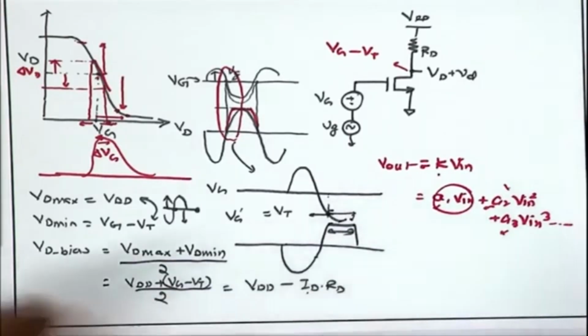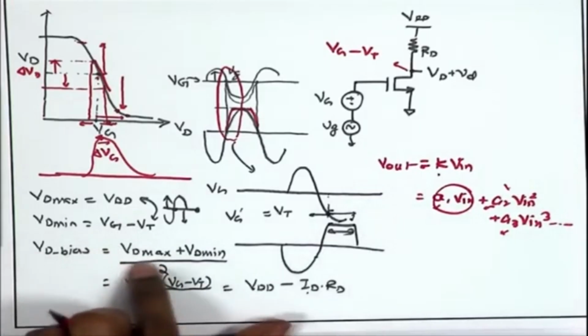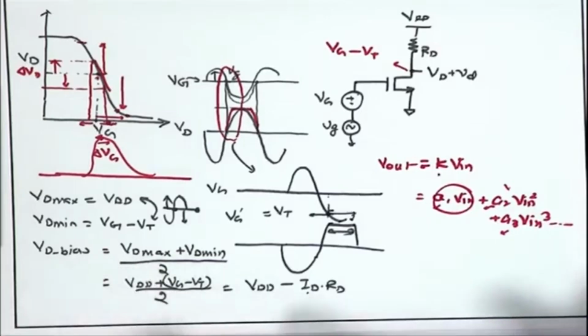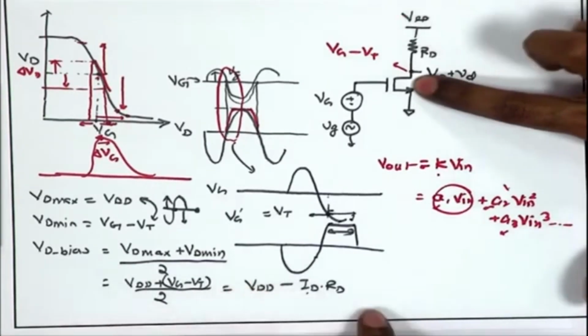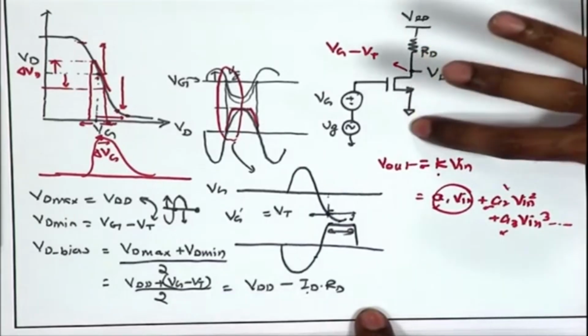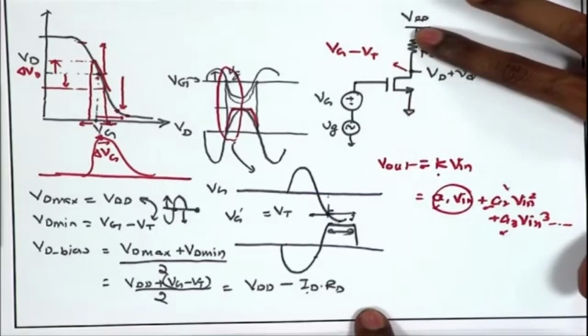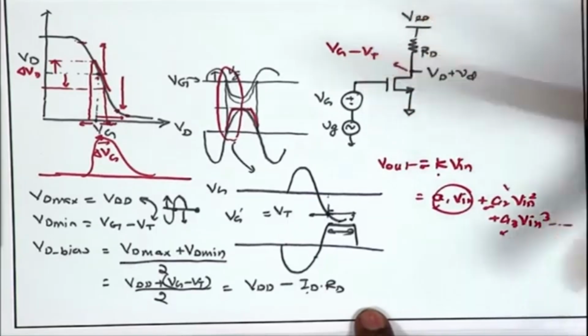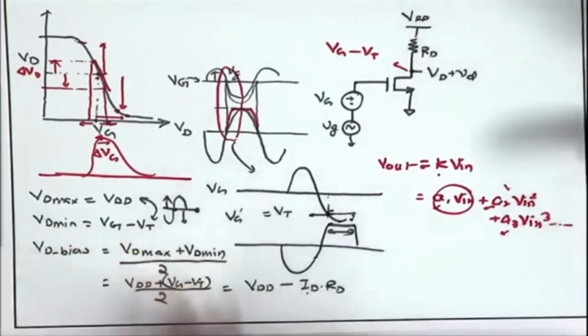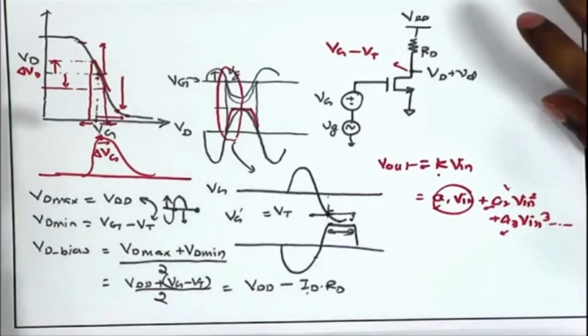For the time being, whatever analysis we do will be based on this relatively cruder definition of maximum signal swing at the output, where the only justification that we need is keeping the transistor in the saturation region, making sure that the transistor is not going off or entering into the triode region for lower and higher excursion of the input signal. So, that is the point we are going to analyze for the time being.